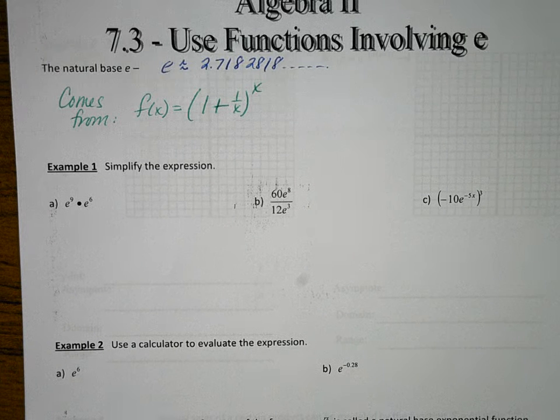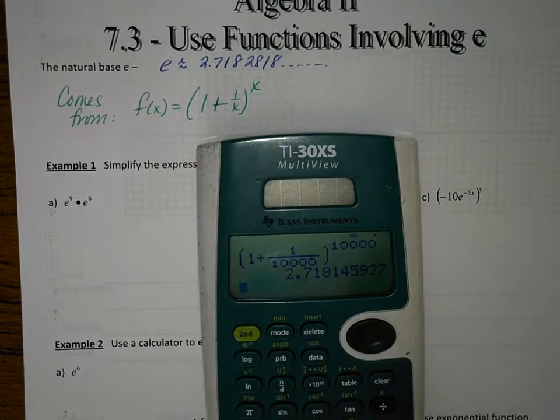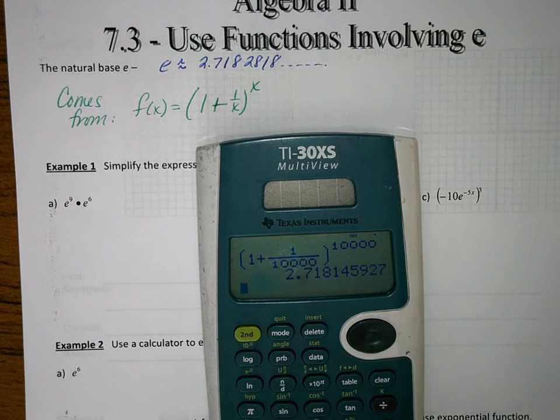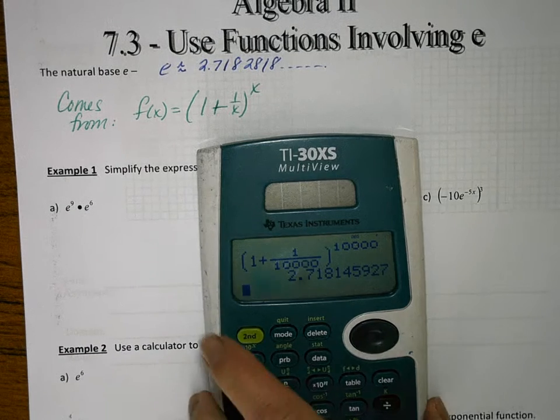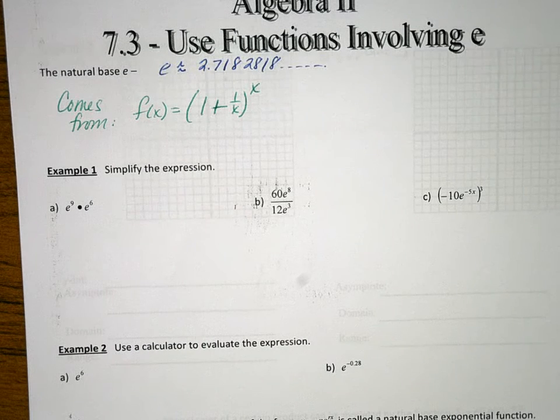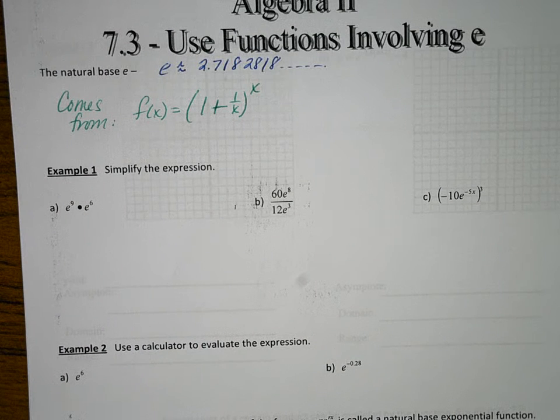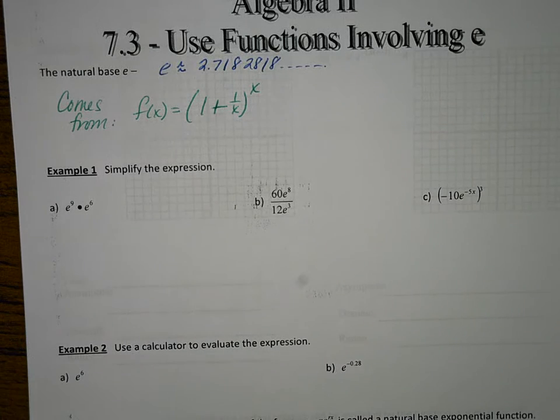We plug in 10,000. We get 2.718145927. The bigger my number, the closer I get to e in that equation. The bigger the number I plug in, the closer I get to that number.